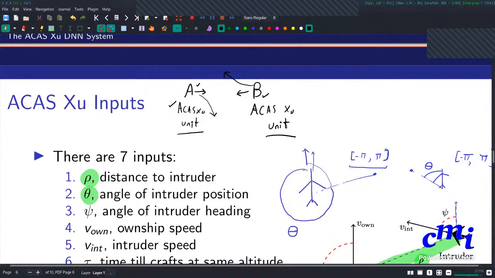And this particular ACAS-XU unit's job is to maneuver in a way that avoids that intruder. Does that make it clear? Okay, so for each plane, anything other than itself is an intruder.